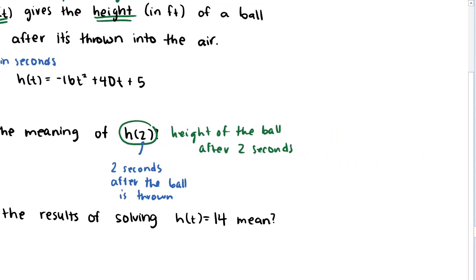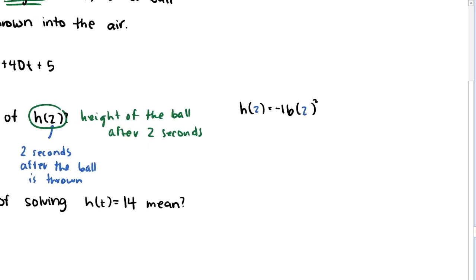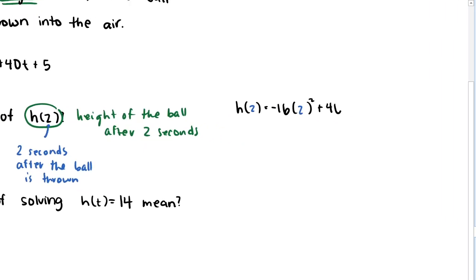And so maybe we can go through this just once real quickly. So h of 2, right, our function says take negative 16, multiply it with our input squared, and then add 40 times our input, and then add on 5.